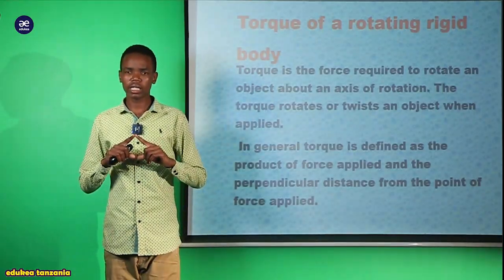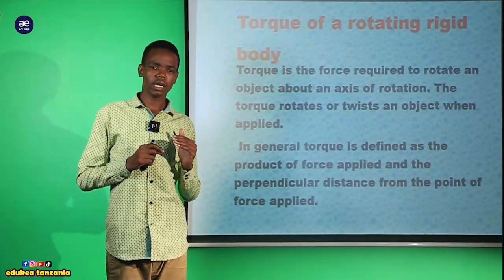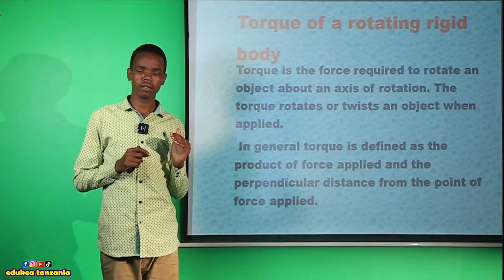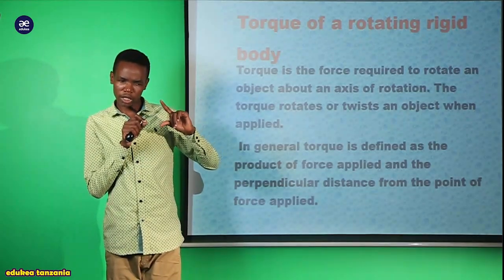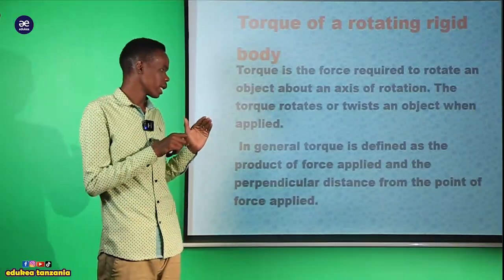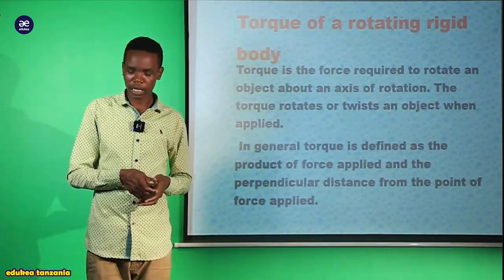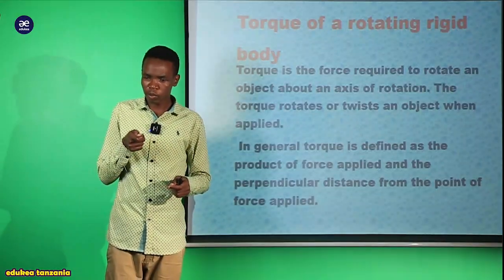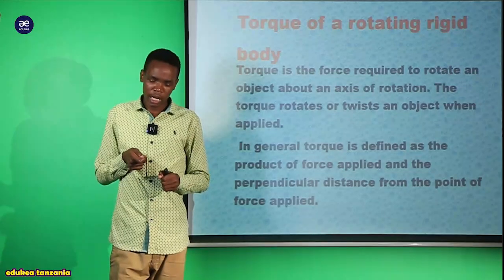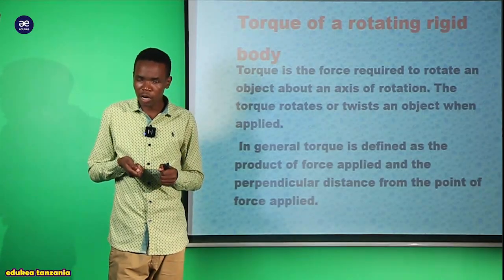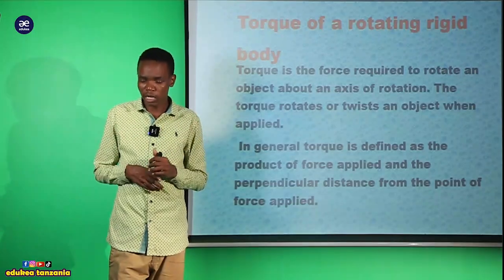As I told you, when we talk about the torque, generally we can define it as equal to the product of the force and the perpendicular distance from the point of the force applied. Imagine, as I told you, that we want to open a nut: the force must be applied together with a perpendicular distance which acts perpendicular to that force.